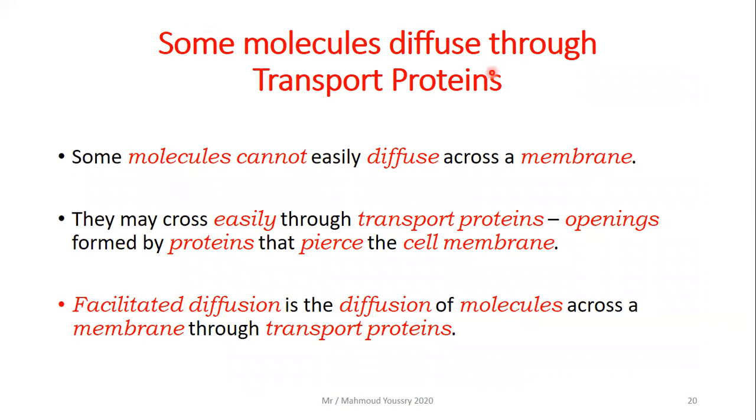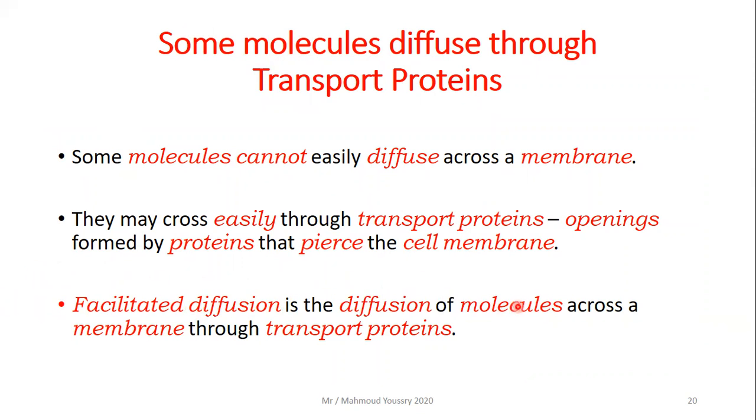Some molecules diffuse through transport proteins. So we will start talking about the molecules and the transport proteins. Some molecules cannot easily diffuse across the membrane. They may cross through transport proteins, which are openings formed by proteins that pierce the cell membrane. We have facilitated diffusion.